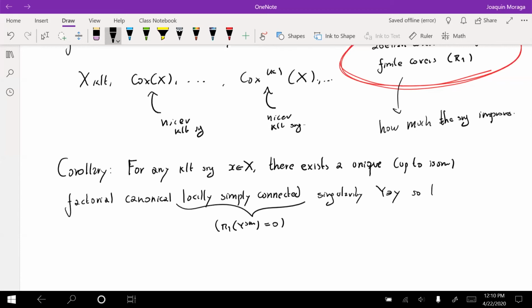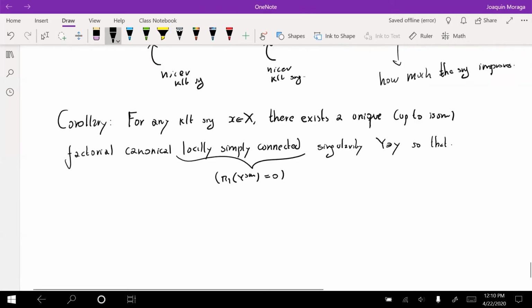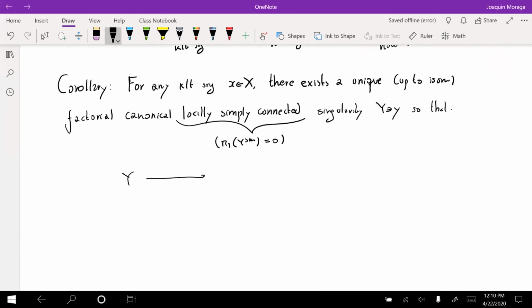So that we have a quotient from Y to X, quotient by G.